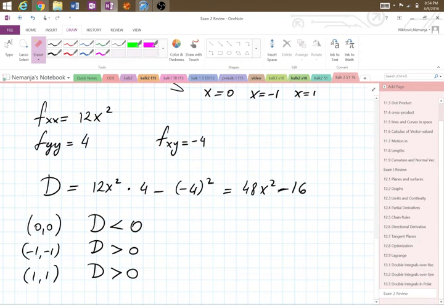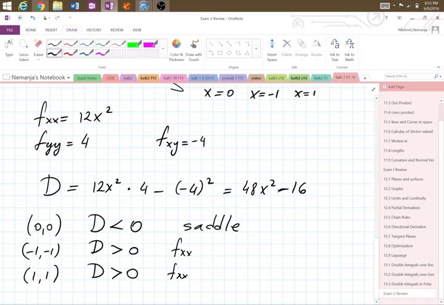Now, what did we memorize from the thing? If D is less than 0, it's a saddle. You have to memorize that, guys. That's the bottom line. Now, when D is larger than 0, you have to check fxx. If fxx is bigger than 0, it's a minimum. If it's less than 0, it's a maximum.